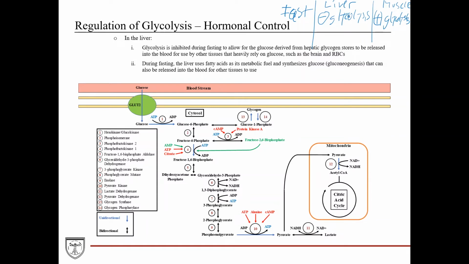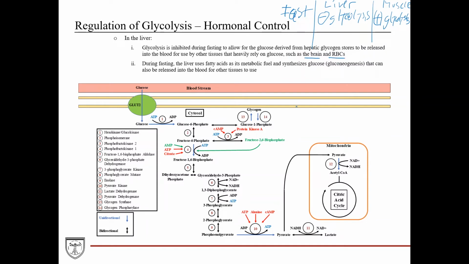However, during fasting in the liver, you want to be synthesizing glucose and breaking down glycogen so that you can provide glucose for other tissues that really rely on it. Remember, that's the whole key. The liver almost is selfless during fasting, where it gives up its glucose for other tissues such as the brain and red blood cells that really need it.